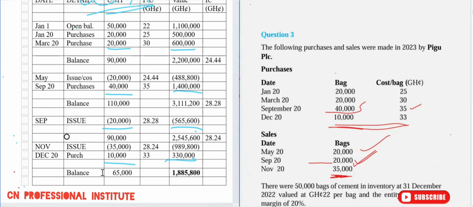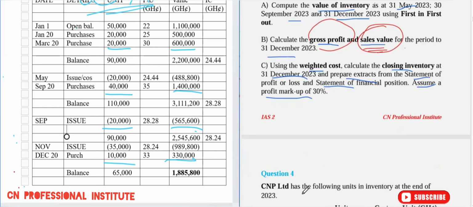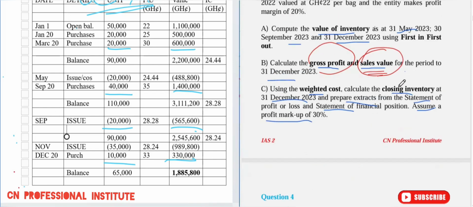So we've gotten the stuff. Then our next one, we need to compute cost of sales. If you look at requirement C, it says we have to prepare the extract, now that we've gotten the closing balance.